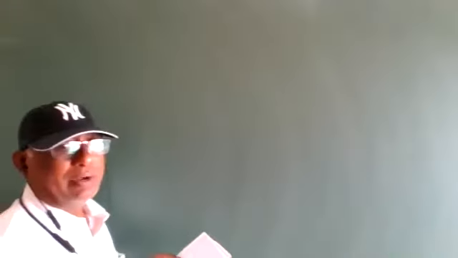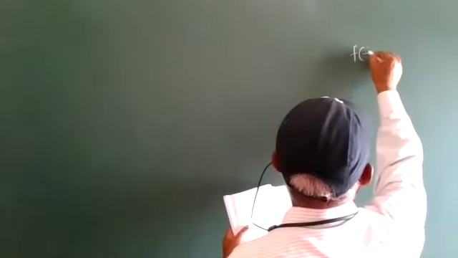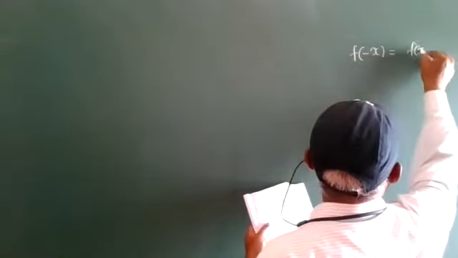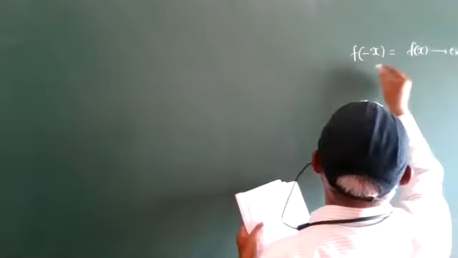Okay? Right. Yesterday, what was the problem? I will write on the board. Everyone observe. First, what is the even function? The even function is when x is replaced with minus x, the value of f of x stays positive. That is called an even function.